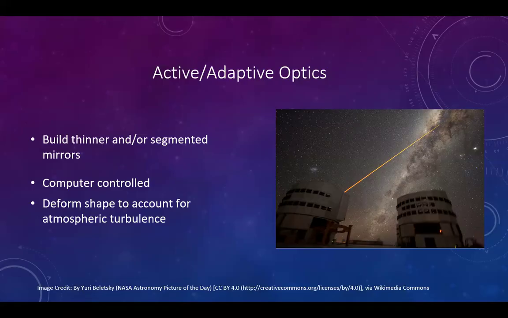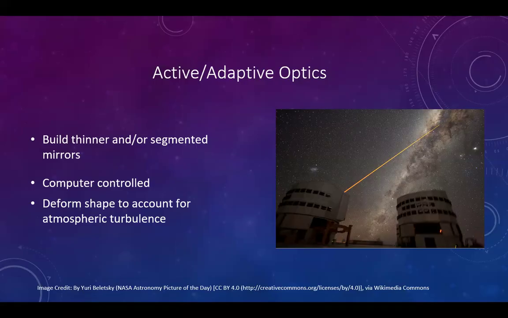And here is, I think, the Ch6 telescope. The Ch6 telescope has a powerful laser that it shoots into the sky to basically create an artificial reference star that it uses to set up its active optics. So you shoot a laser out to create something where you know what it should look like.